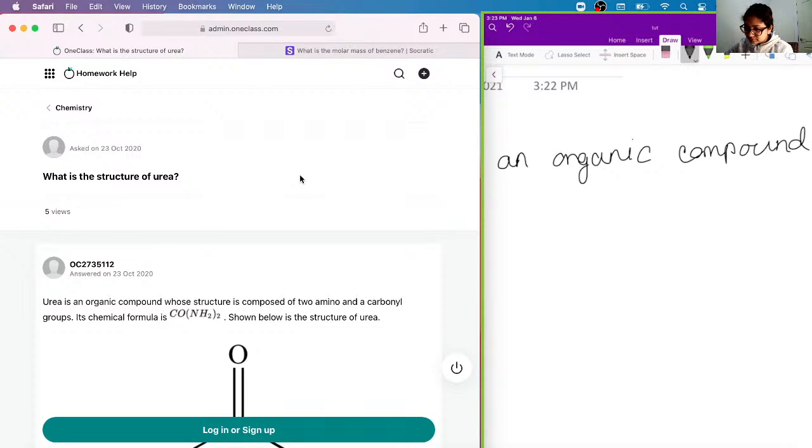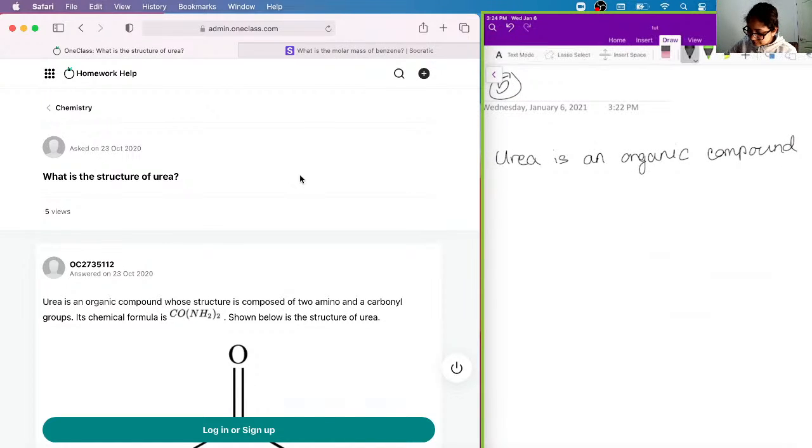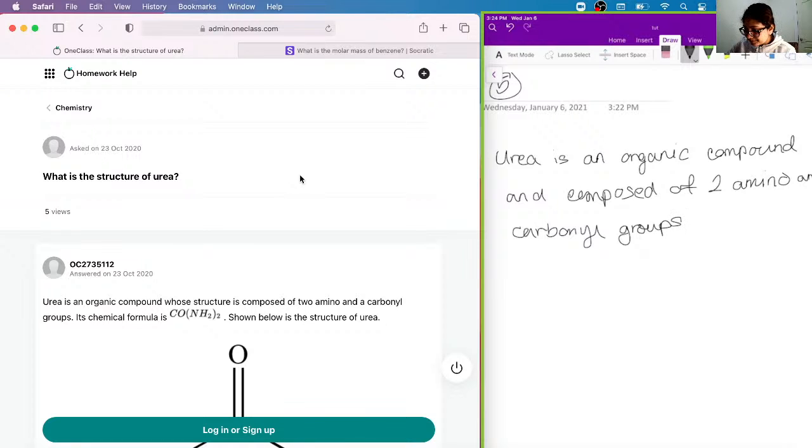And so the structure of urea is that it is composed of two amino groups and a carbonyl group.